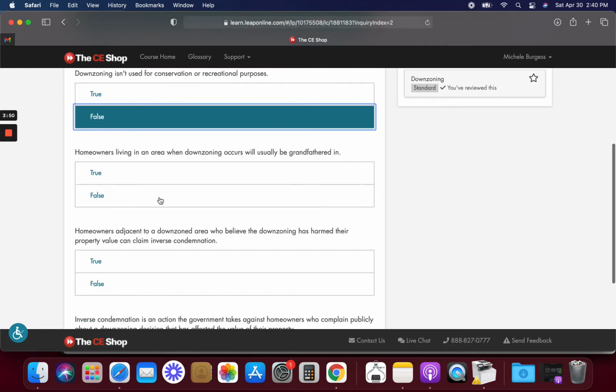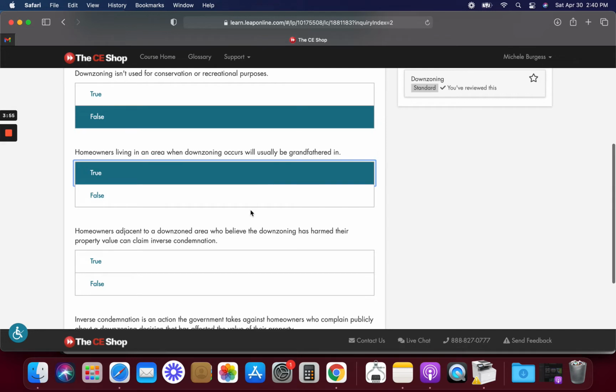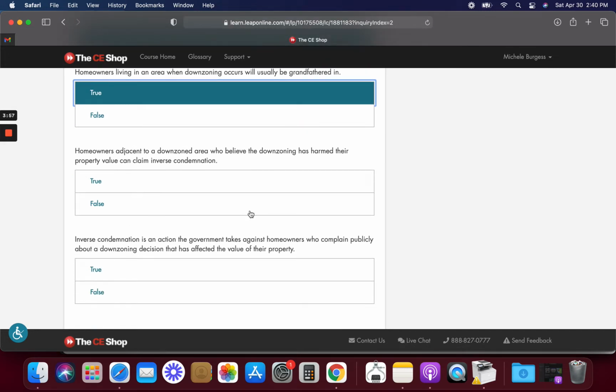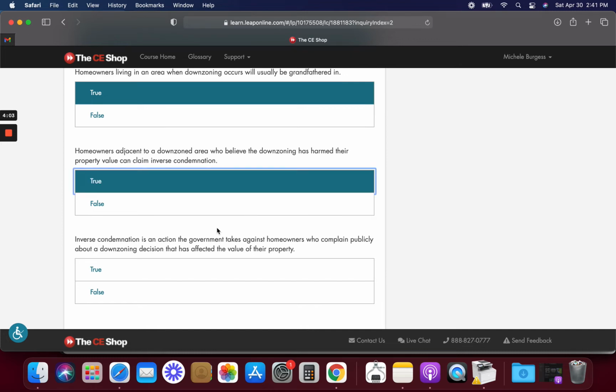I believe it is. Homeowners living in an area when down zoning occurs will usually be grandfathered in, and homeowners adjacent to a down zoned area that have harmed their property value can claim inverse condemnation. Inverse condemnation is an action the government takes against homeowners who complain publicly about down zoning decision that affected the value of their property.